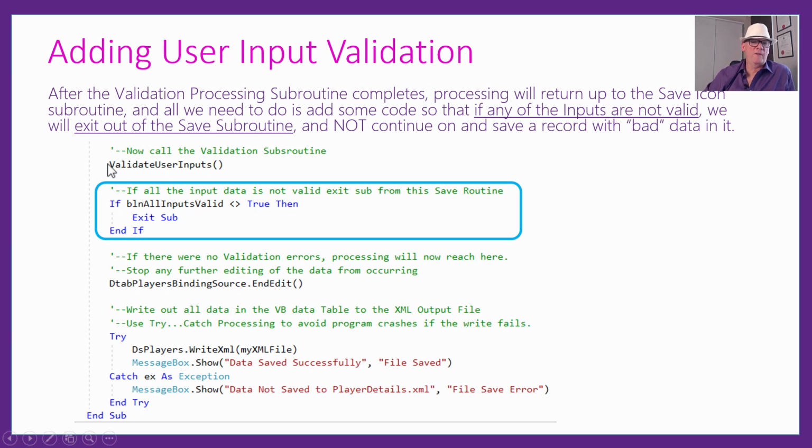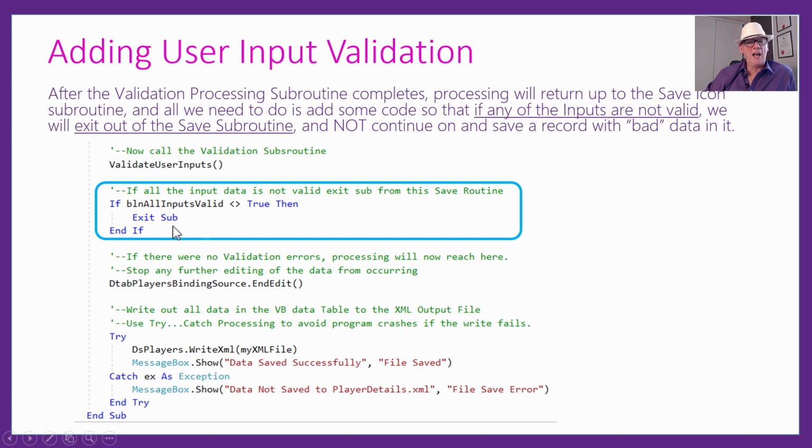So I've just finished doing that function, validate user inputs, on the save thing back where we started. If the input data is not valid, if there was some problem reported back by that validation, then we need to exit out of this sub, because remember, we do not want to go down here and write out to the XML file if something's wrong with the entry on our form. So we exit sub.